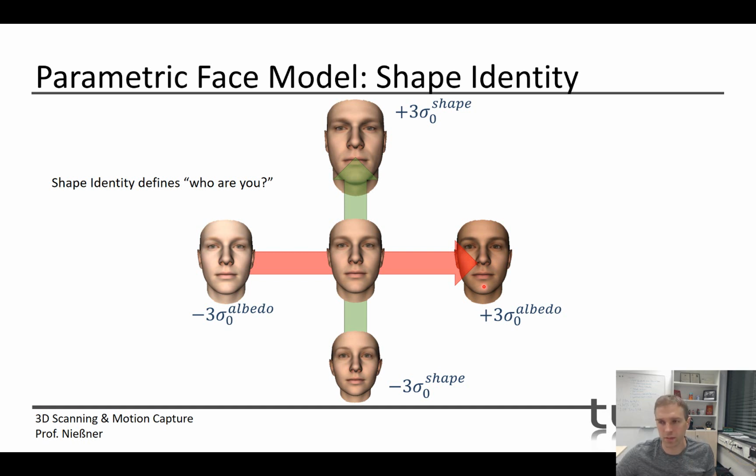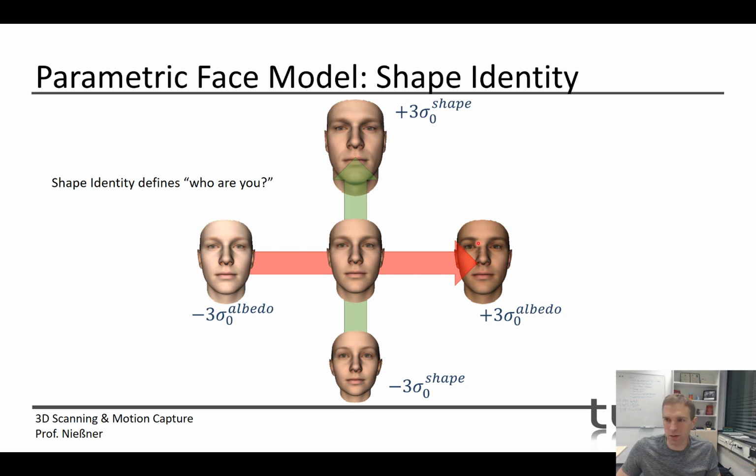And this is something the albedo here is being used for. Okay, but the bottom line is what I wanted to get at. We essentially have these two axes here. One is for the shape and one is for the albedo, and this is defining your shape identity. And each of them is a higher dimensional vector that allows you to control those two, right?